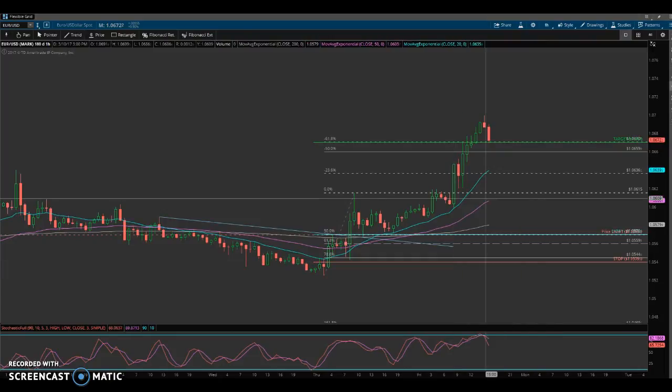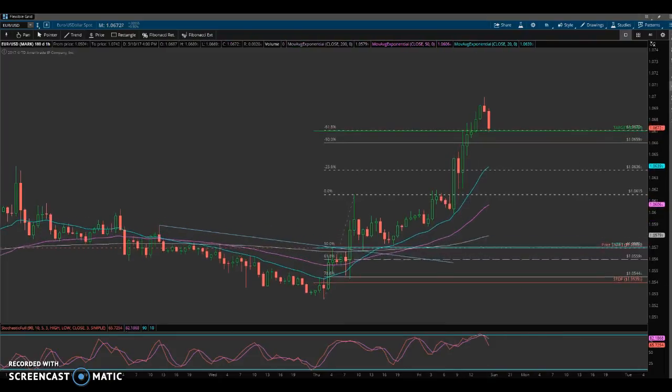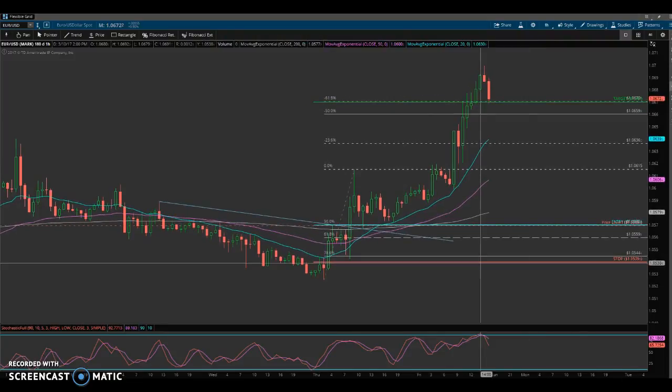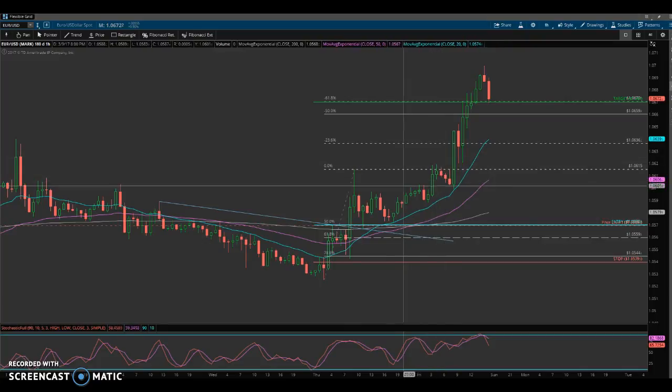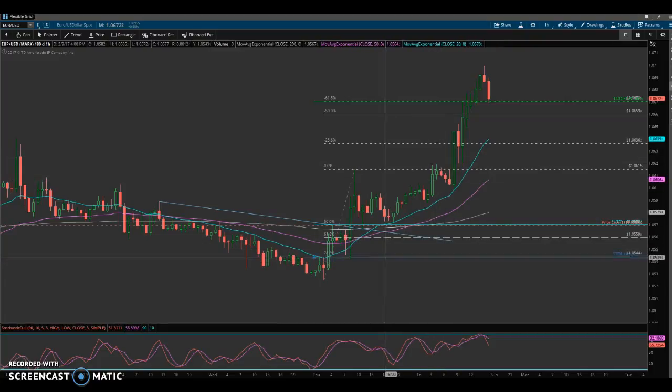How did I manage this trade once I was in it? I didn't move my stop until we kind of started getting up close to around these highs. And once we started wicking up past it, I went ahead and moved my stop essentially to break even underneath these low points, and that was pre-NFP.